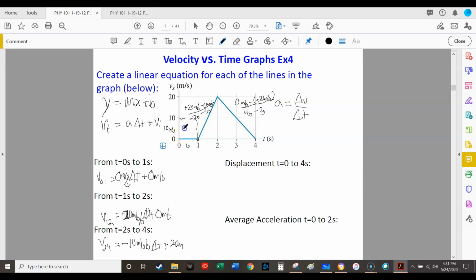So each block represents 10 meters per second, right? So this is an area of 10. Well, this is an area of 10, and this is actually half that, so that's 5 meters per second squared. And this is 5 meters per second as well.